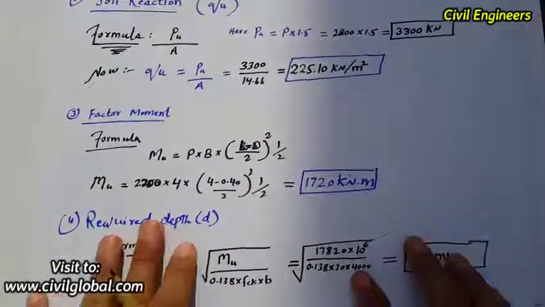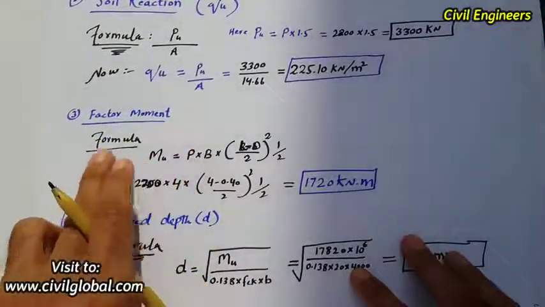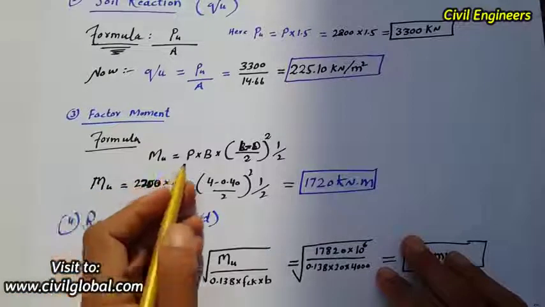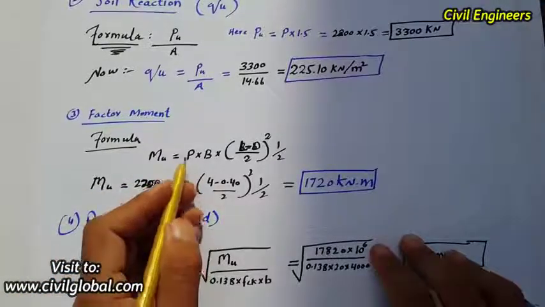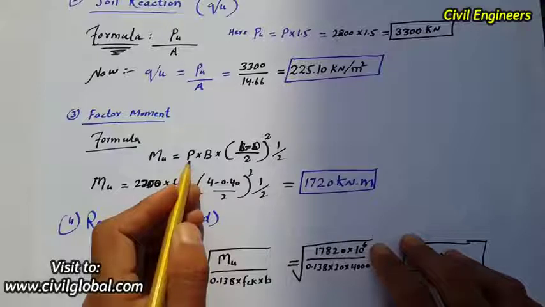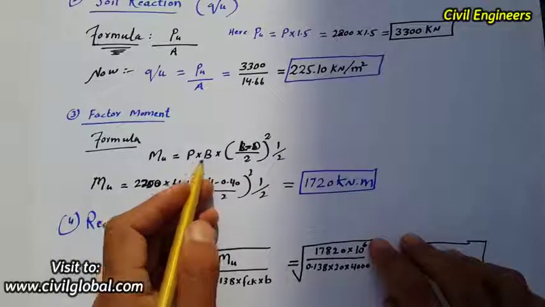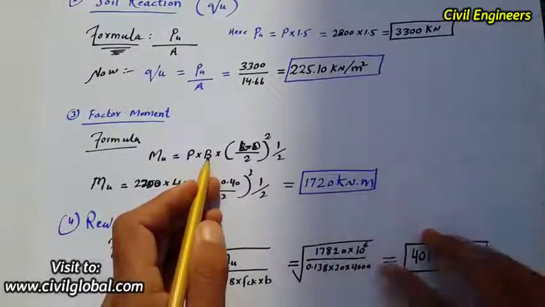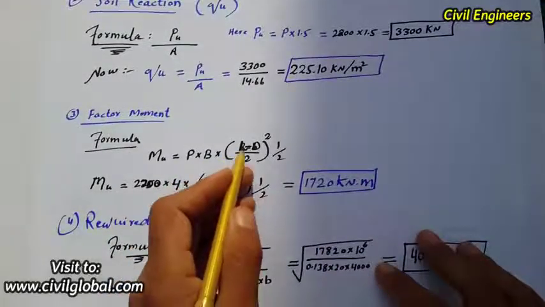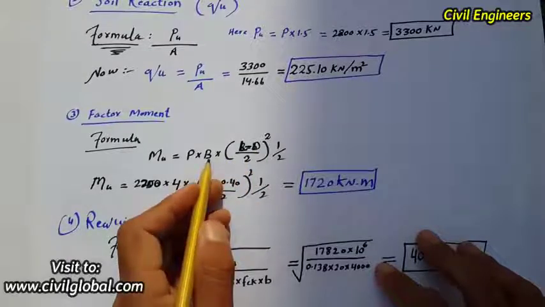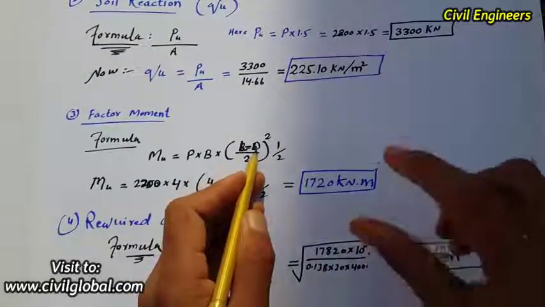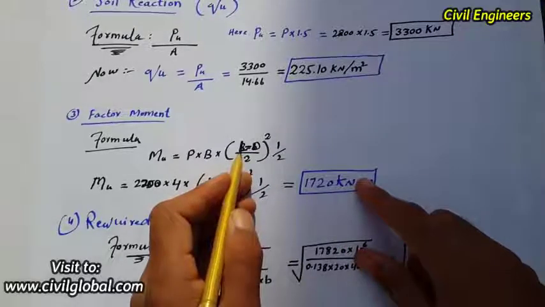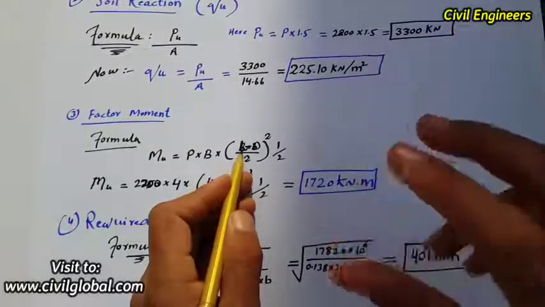Now we need the third step, that is the factored moment. The formula we can use: MU is the symbol for the factored moment. MU is equal to P, the applied load, which is 2200, multiplied by B, the breadth of the footing, multiplied by L minus D. L is the same as the breadth, and D is the depth or breadth of the column, and this is also the length of the footing.